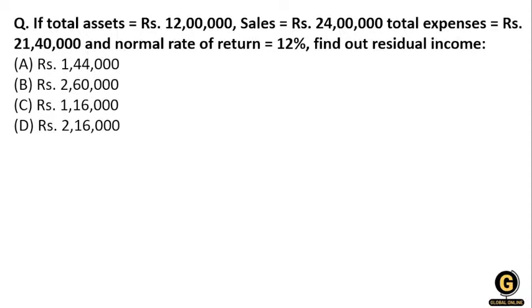Next, the question on your screen is residual income. We have to calculate the residual income. Total asset is given as 12 lakh, sales 24 lakh, total expenses 21 lakh 40,000, and normal rate of return 12%. How do we calculate the residual income? First, the total asset is 12 lakh.